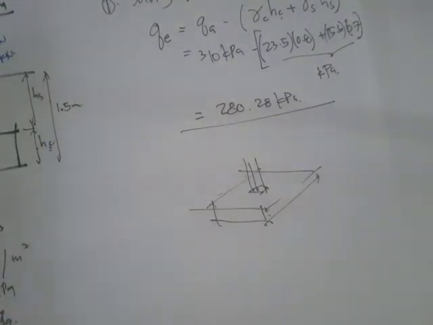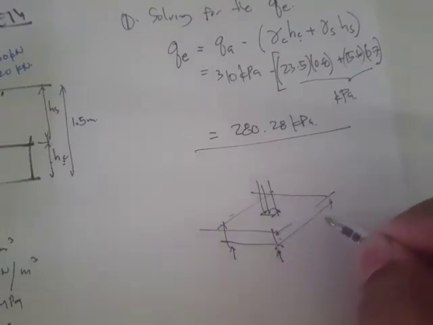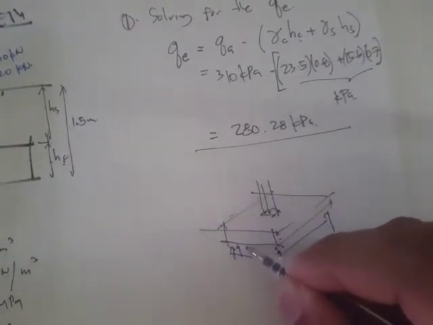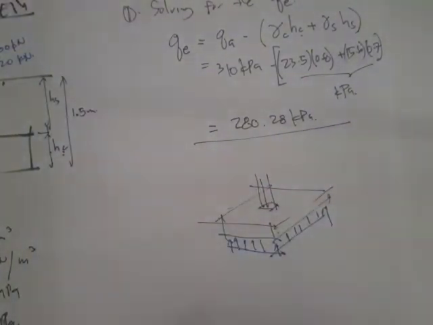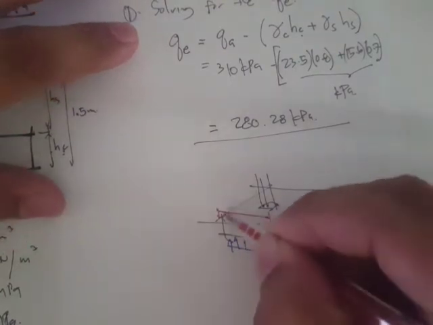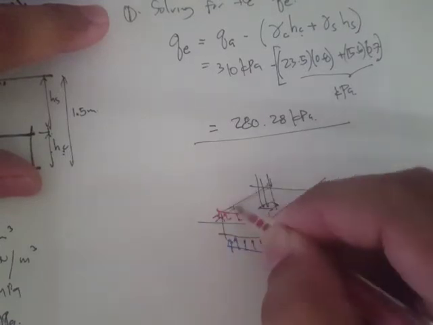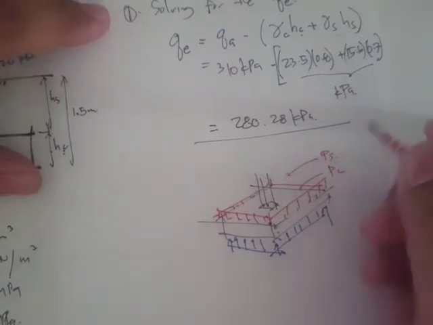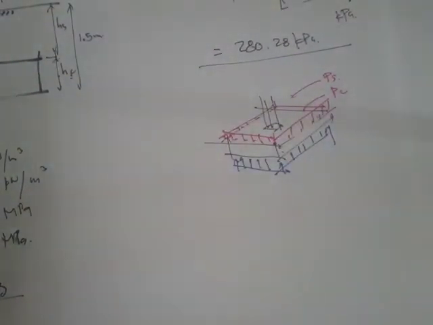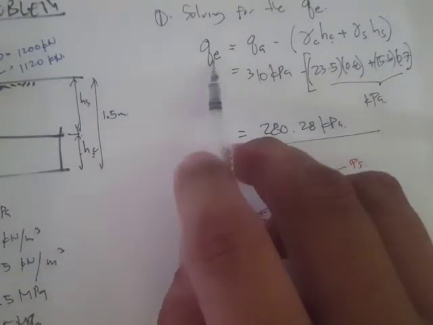Recall in our discussions that we have this effective soil pressure, by considering the unit weights of the concrete plus the unit weight of soil, so the unit weight of concrete, and then our unit weight for the soil.